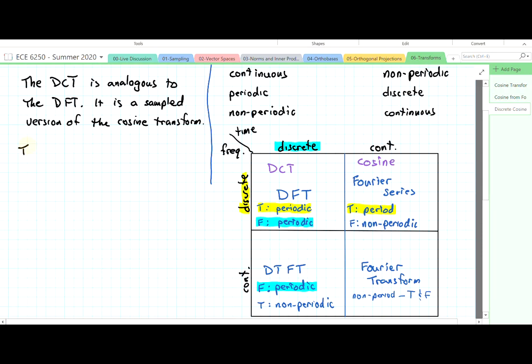So the DCT basis functions, we're going to use psi again.